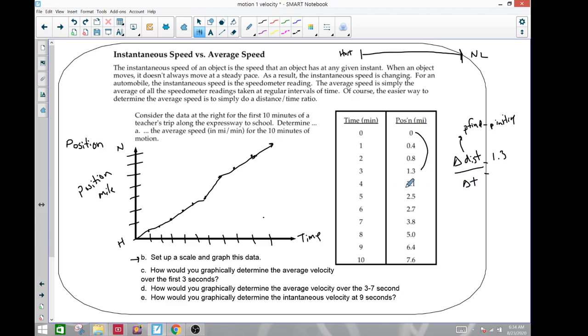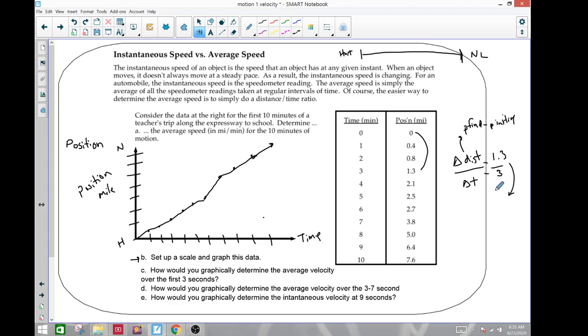My change in time is just 3 seconds. So I could divide those out and I would get my velocity. Now I call it my average velocity because I have 3 seconds. Instantaneous velocity would be literally like 0 seconds. That might sound strange, but it's a very small piece of time.